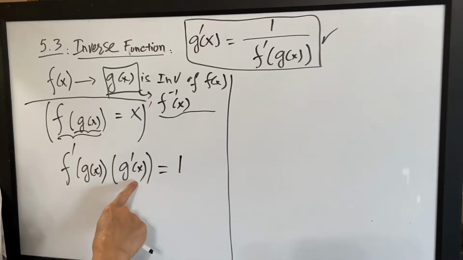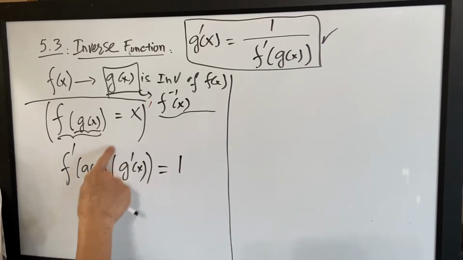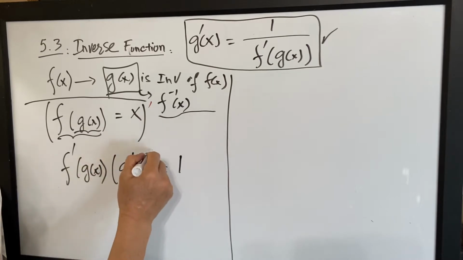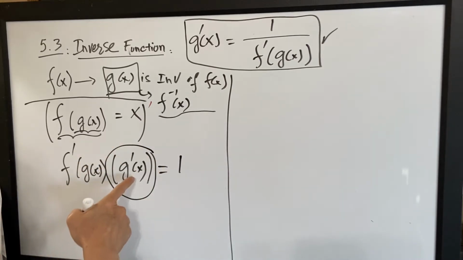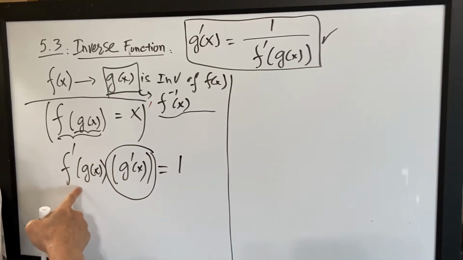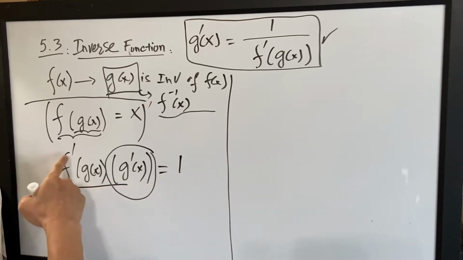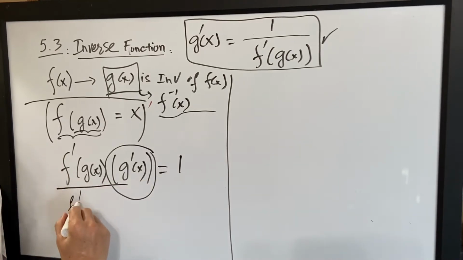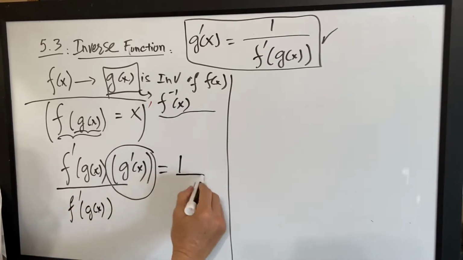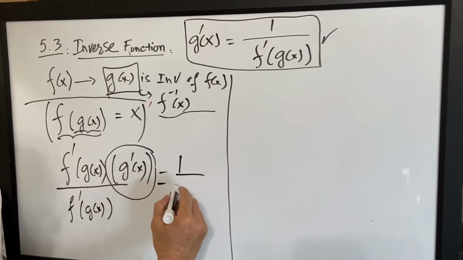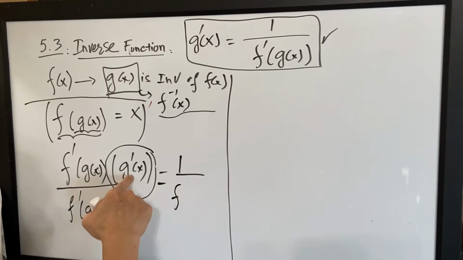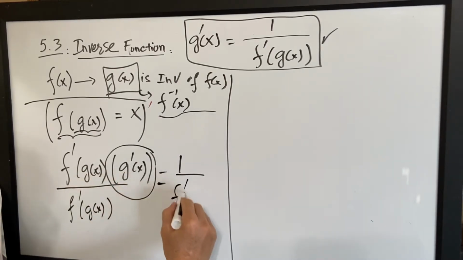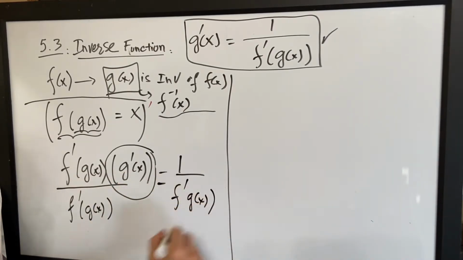Now, I am looking for the derivative of the inverse, so I leave g prime of x right here, and I divide both sides by f prime of g of x.